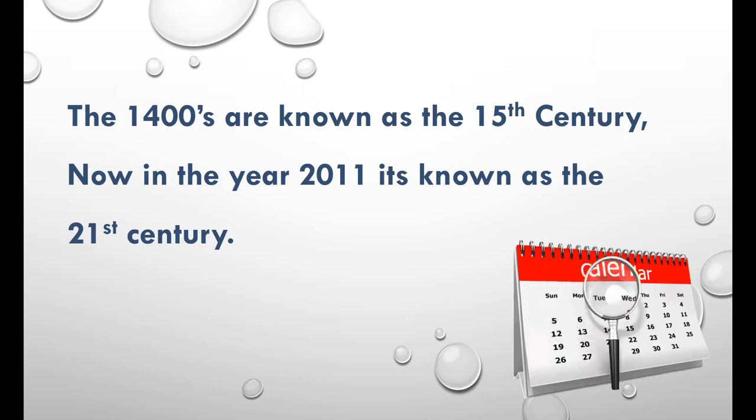And be careful when we talk about century. The century is equivalent to 100 years. For example, the 1400s are known as the 15th century. Again, from 1401 or 1400s to 1500s, it is known as the 15th century.